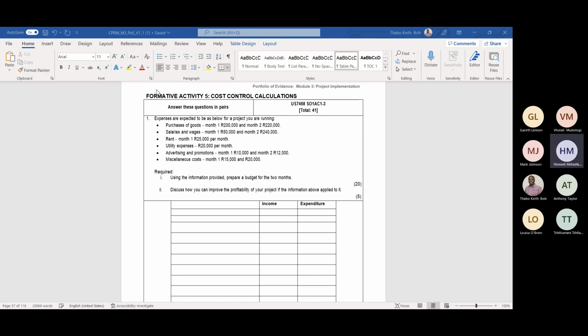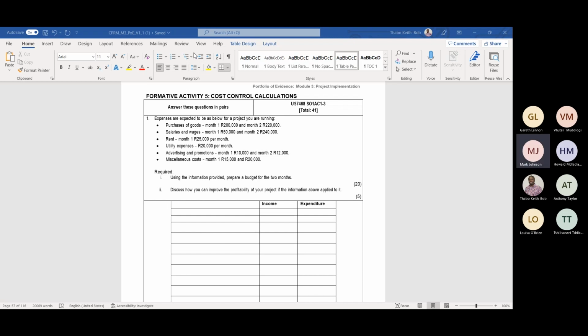But on utilities, we can't really include utilities because it's already fixed. I'm thinking, let's say we were project managing this thing. When would we want to increase profitability? What would lead us to wanting to do that?